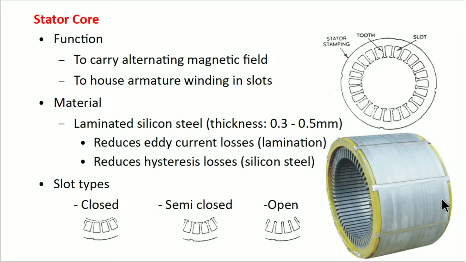It is not made from solid iron, rather it is made from laminations which are this much thick. And it also reduces the hysteresis loss, because silicon steel material has low retentivity. As a result, the hysteresis losses are reduced.